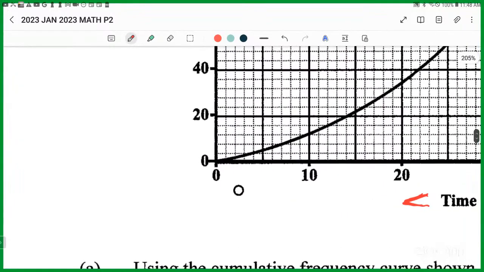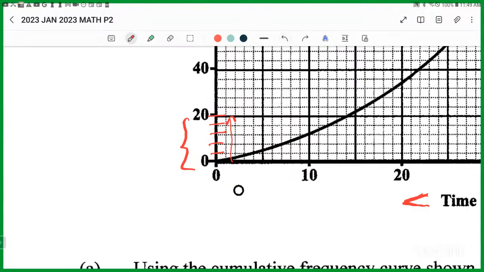If you notice, there are 5 intervals between 0 and 20. We're trying to figure out what each of these squares means. 1, 2, 3, 4, 5 of those small intervals between 0 and 20.